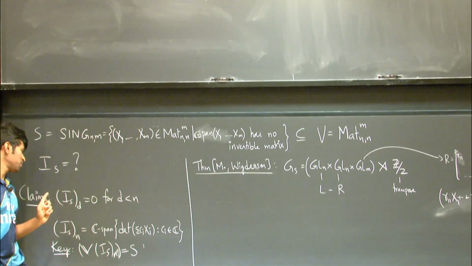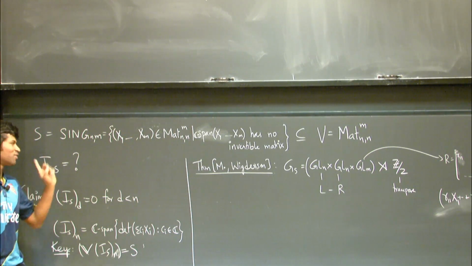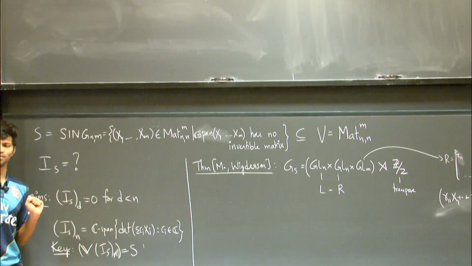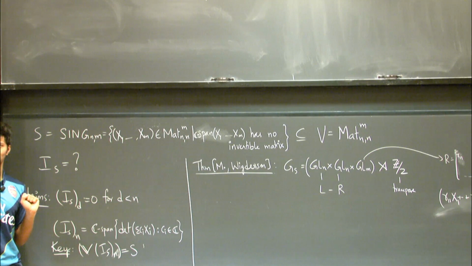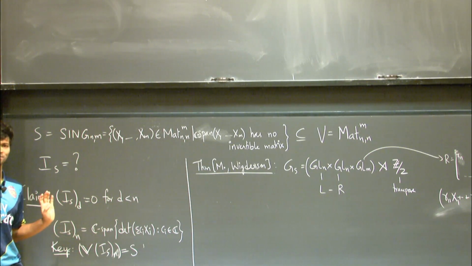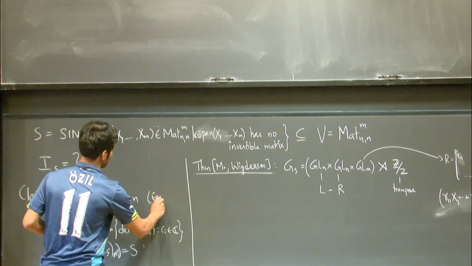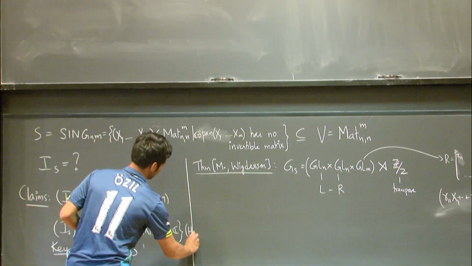And I claim that any degree n polynomial that vanishes on this subset must be a linear combination of such things. This is a non-trivial claim. Okay, so I want to say this is easy, and I want to say this is hard.